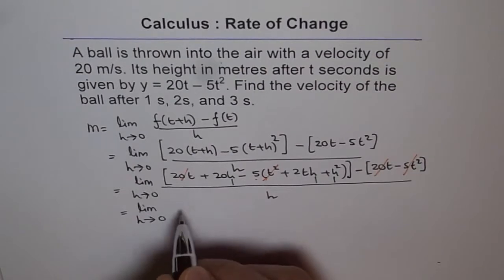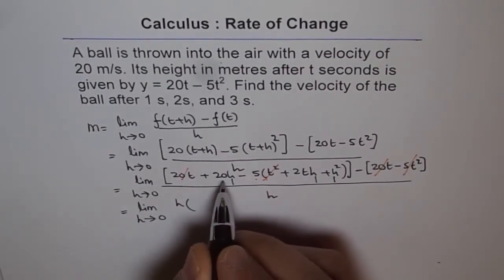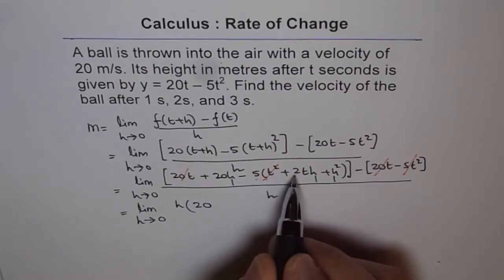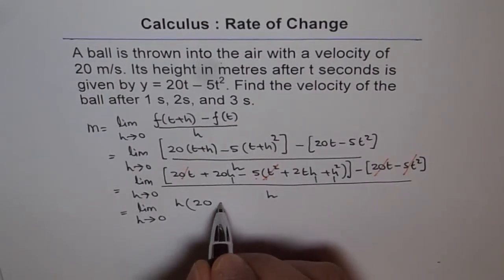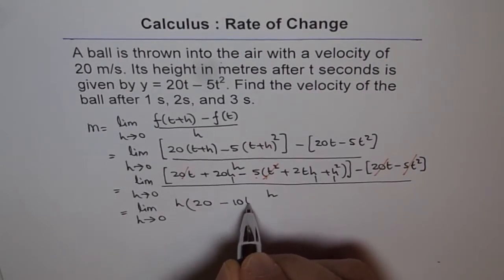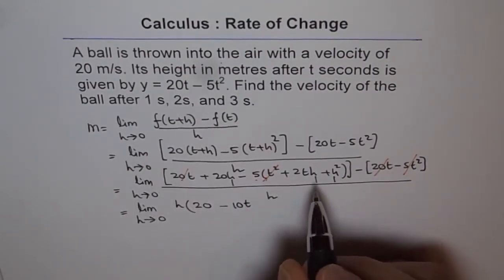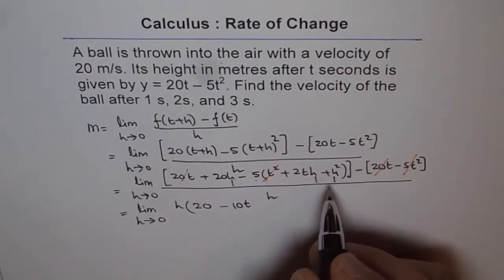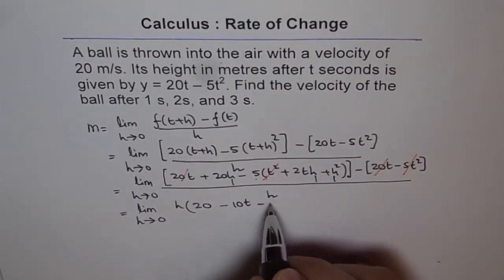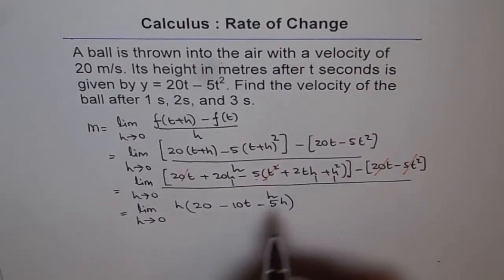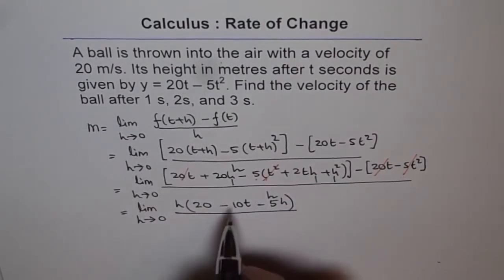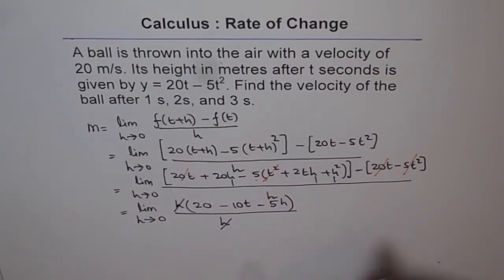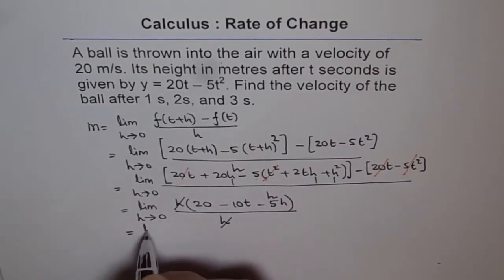When I take h common in the numerator, I get 20 and minus 5 times 2t, which is minus 10t, and then minus 5 times h squared, and since we have already taken h common, I'll write minus 5h. So that's what we get, divided by h. Now this h and h cancel out, and so we are left with the limit.